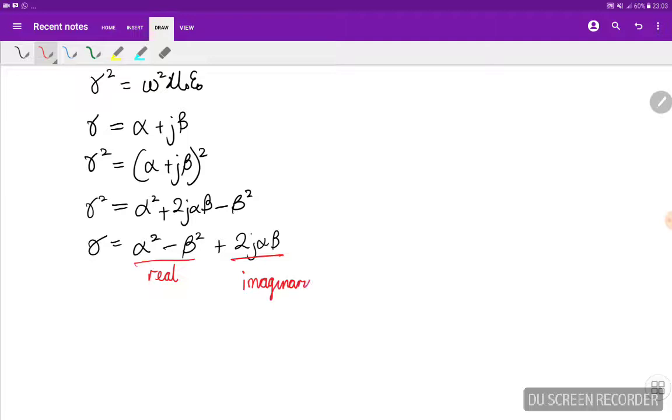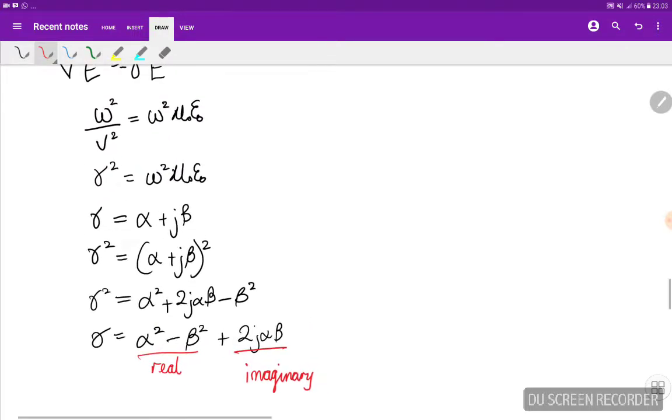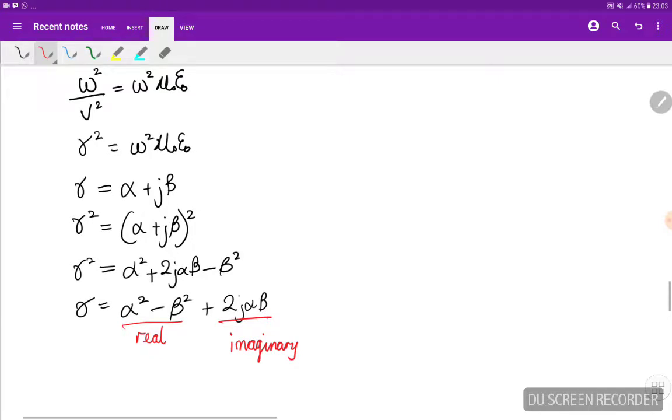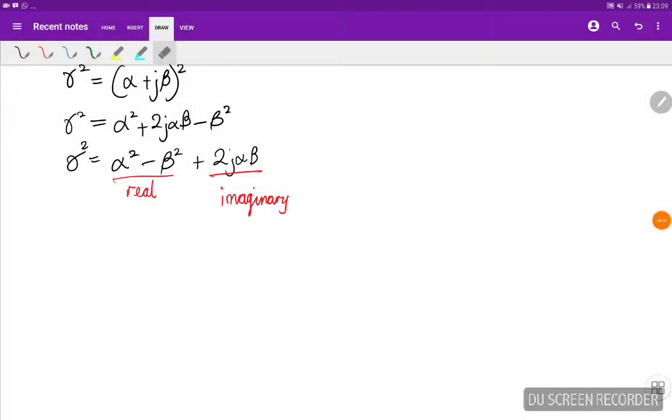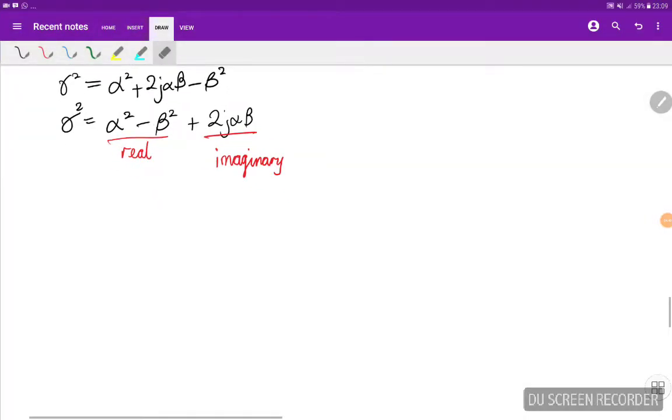If we have that and compare it with what γ² originally is, γ² does not have a j value. Okay, and let's find the magnitude of our propagation constant squared.